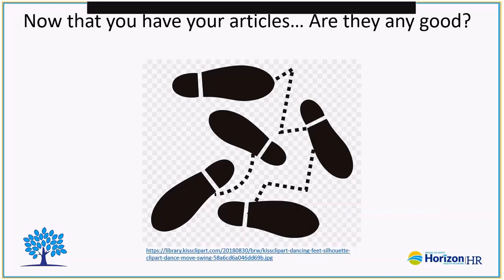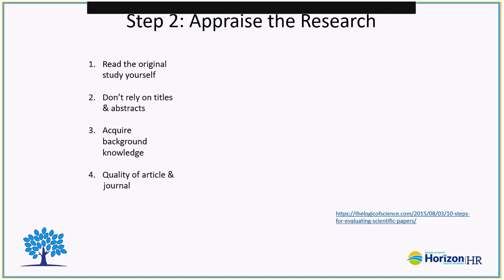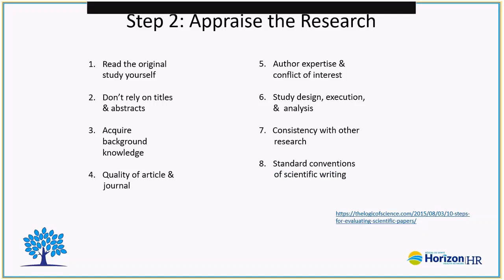So now that you've gone through all of that, you have a great selection of articles you're confident in using. Are they any good? So now we are going to appraise the research. We have 8 steps.